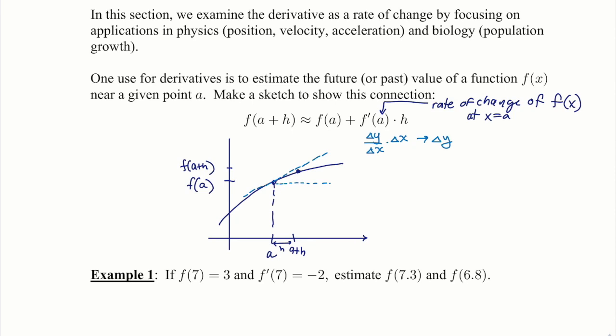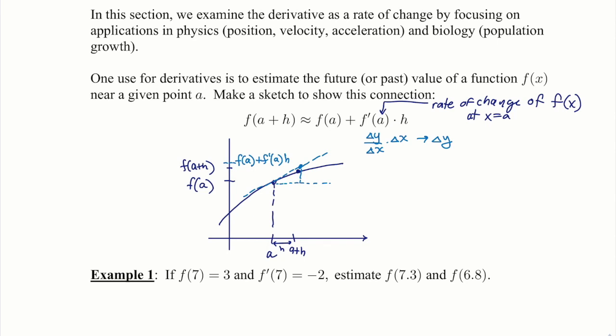And it would be the change in y that I get by moving along that tangent line. So when I put these pieces together, the y-coordinate that I would approximate from this picture would be the original y-coordinate plus the slope times that small change in x.